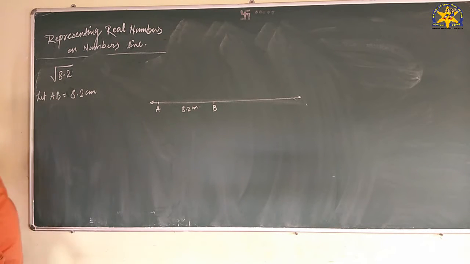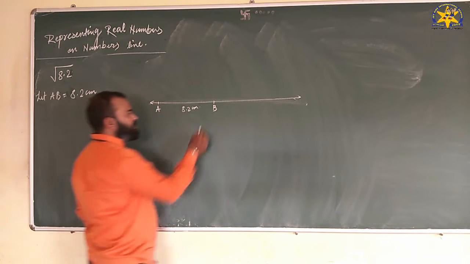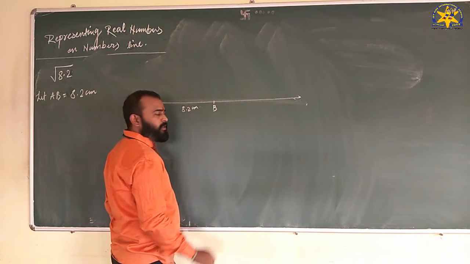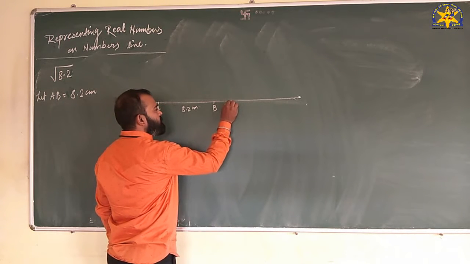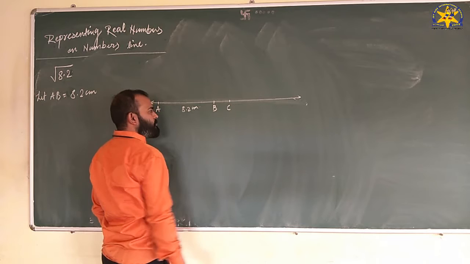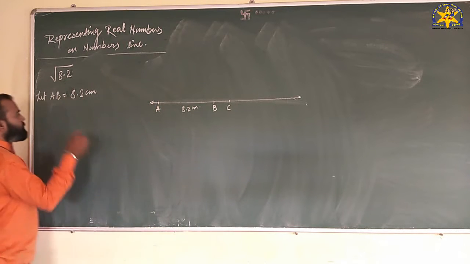Okay. Next. Now take a point C that is 1 centimeter away from point B. What have I taken here?